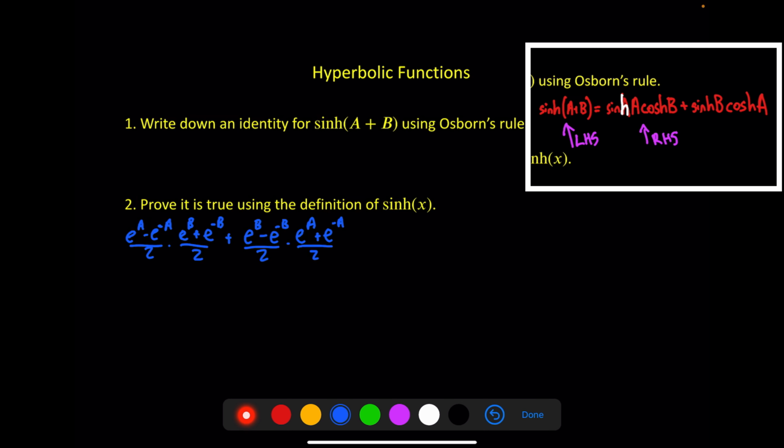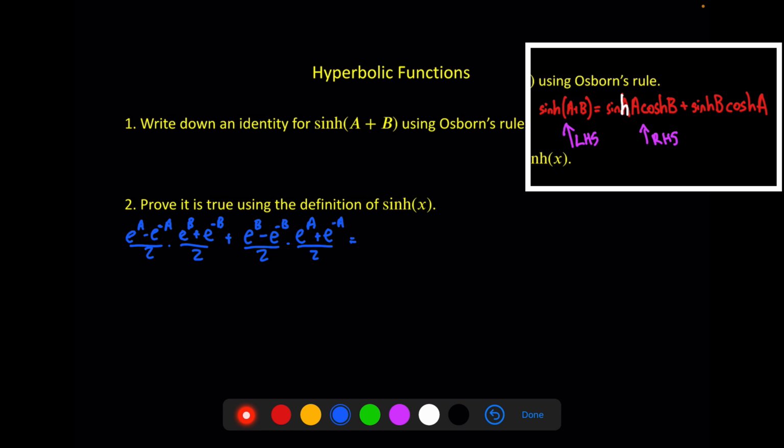So putting all of those definitions into sinh A cosh B plus sinh B cosh A. And the question is, can I manipulate all of this and simplify it down to prove that it is indeed sinh(A plus B)? And that's just going through the algebra.